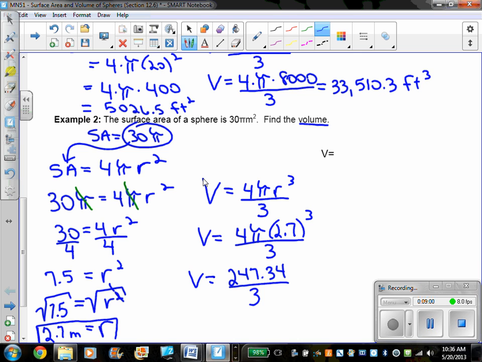So 247.34 divided by 3. When I divide that out, I get approximately 82.4. And that, for units, is going to be meters cubed, because again, we're talking about the number of cubes that would fit in a sphere that has a 30 pi surface area.